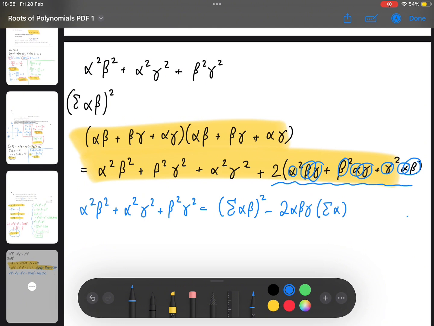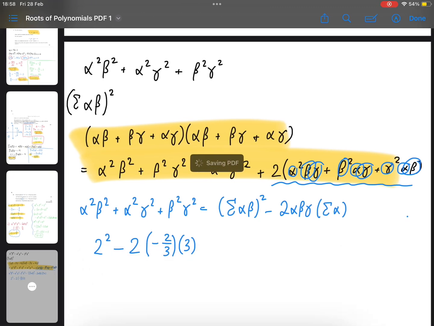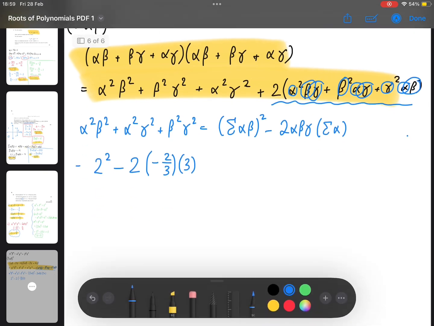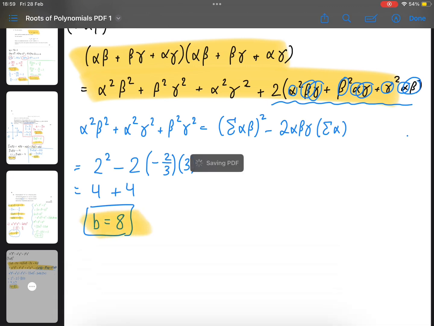And substituting in the values which we know, we then have 2 squared minus 2 lots of minus 2/3 and 3. So if we calculate that, this is 4 plus 4, and then we get B equals 8. And it's just positive 8. We don't need to make it negative because we're looking at the sum of the product pairs here.